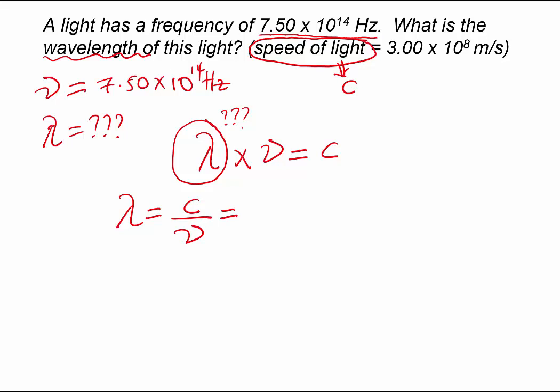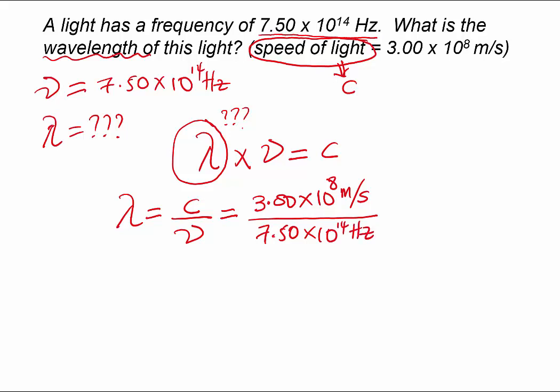If we plug in the values, the speed of light is given as 3.00 times 10 to the power 8 meters per second, while the frequency is given as 7.50 times 10 to the power 14 Hertz.